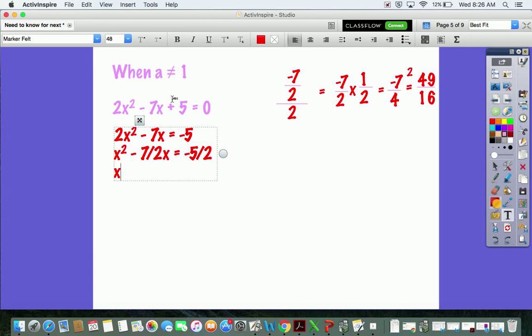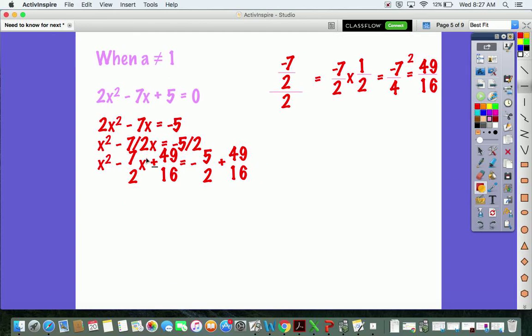So you'll have x squared minus 7/2x plus 49/16 equals a negative 5/2 plus 49/16.